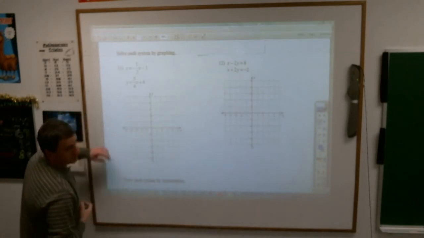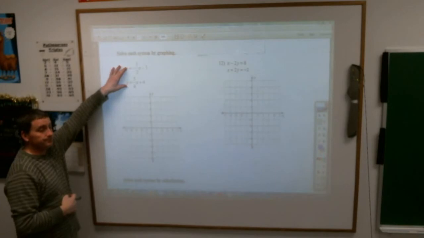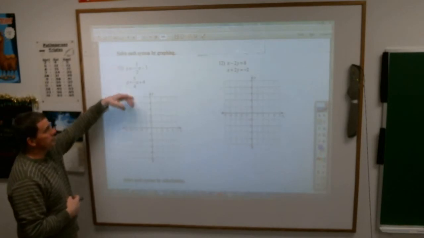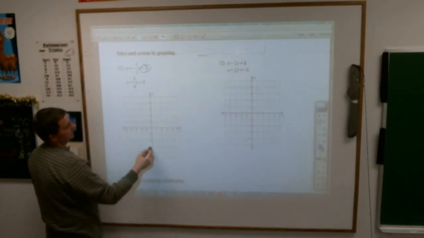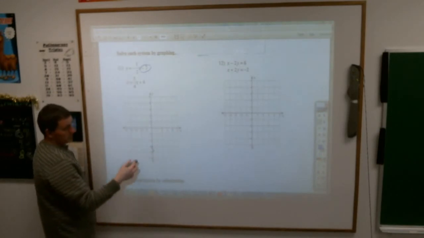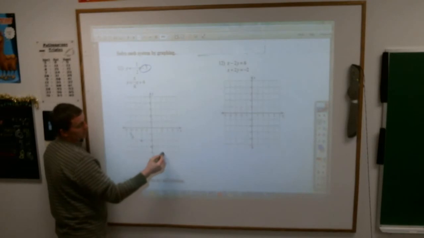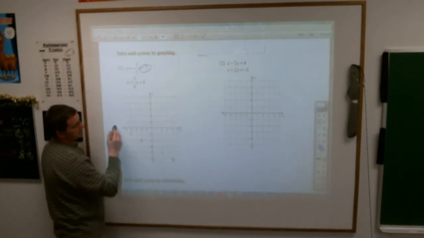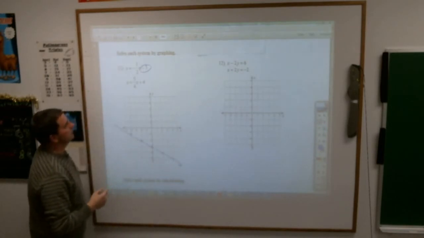You're looking for the place where these two lines cross? They're both in what form? Slope intercept. This one crosses the y-axis at -3, has a slope of -1/2, goes up 1 over 2, up 1 over 2, or down 1 over 2, down 1 over 2. So this line is this line right here. Am I right? You're right.